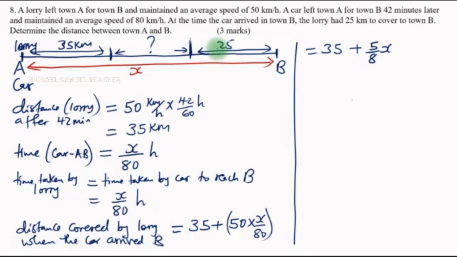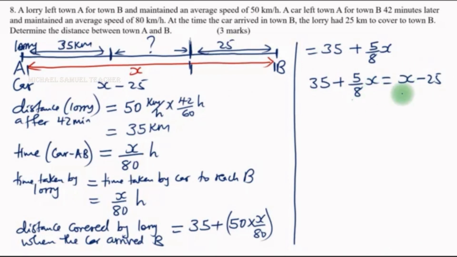But whatever is remaining, actually all of this distance is the same as x minus 25. Therefore, this will be equated to x minus 25, so that 35 plus 5 over 8x is equal to x minus 25.